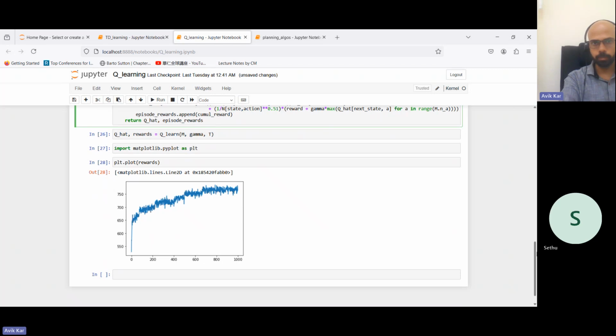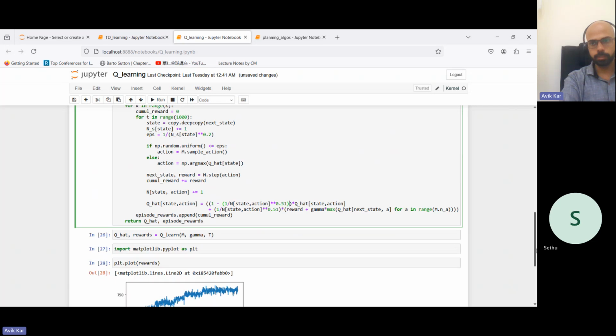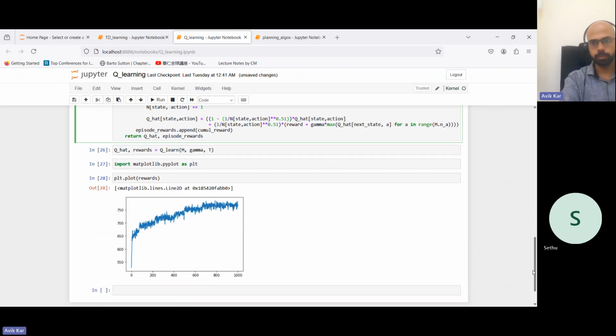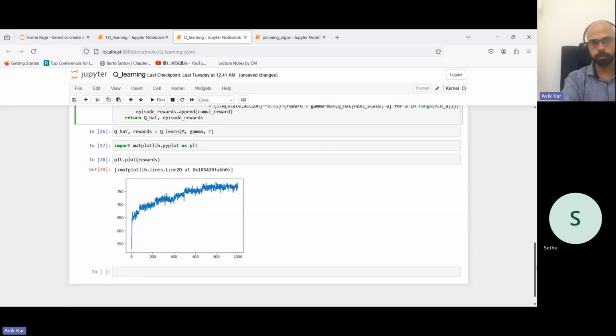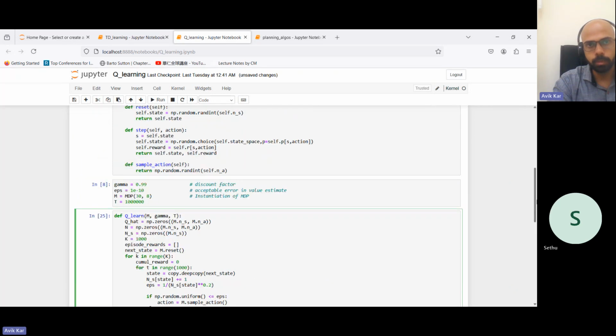By tuning hyperparameters like epsilon, and this is also a hyperparameter, how much weight you give to your old Q values as compared to new Q values as time progresses, your performance changes. It's a nice exercise to try different hyperparameters and see what works and what does not.